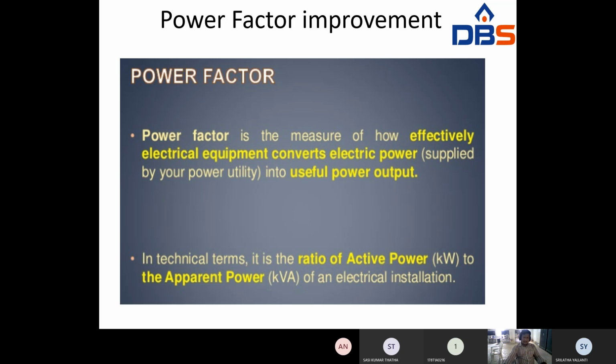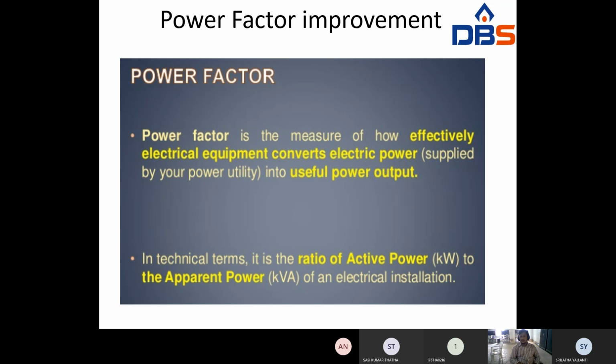So power factor is the cosine of the angle between voltage and current. But in a distribution system, that definition is suitable for network theorems. It is also suitable here, but in distribution we deal with active power, reactive power and voltage. So to increase the power factor, we have to observe the power factor in terms of powers.